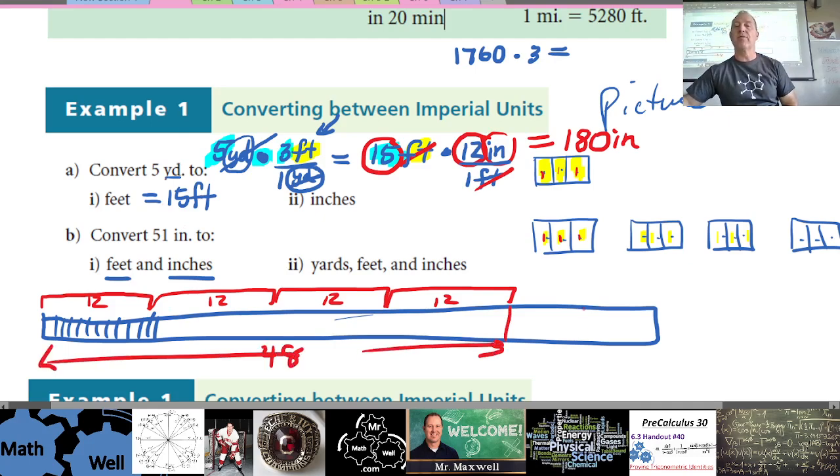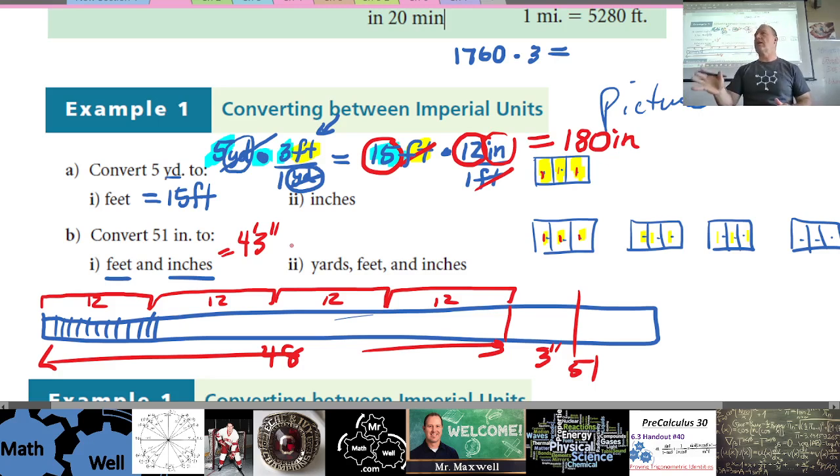So how many do we have left over to get to 51? Okay, so 49, 50, 51, that's 3 inches left over. So the answer here from the picture is 4 feet, 3 inches. So if anyone in here is 4 foot 3 inches, that means you're exactly 51 inches tall.